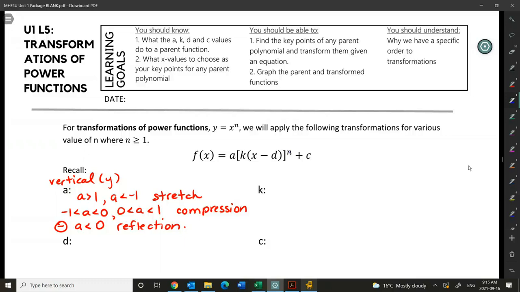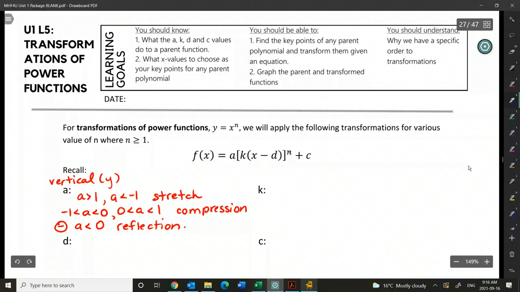Okay, so essentially, if a falls in this range or this range, then we know that it's a stretch and reflection or a compression and reflection. So I only look at whether it's negative or positive to decide on the reflection part of this.